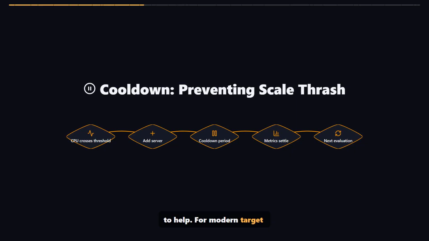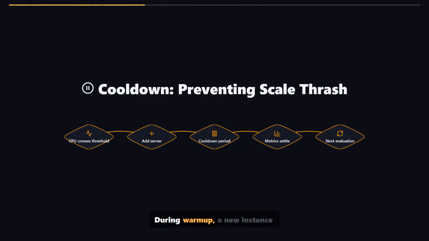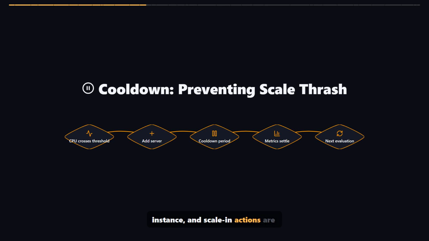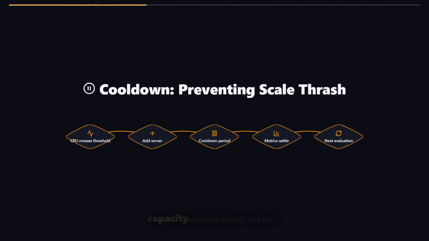For modern target tracking and step scaling, the key stabilizer is instance warm-up. During warm-up, a new instance is not counted toward the group's aggregated metrics in the same way as a ready instance, and scale-in actions are held back while the new capacity becomes useful.